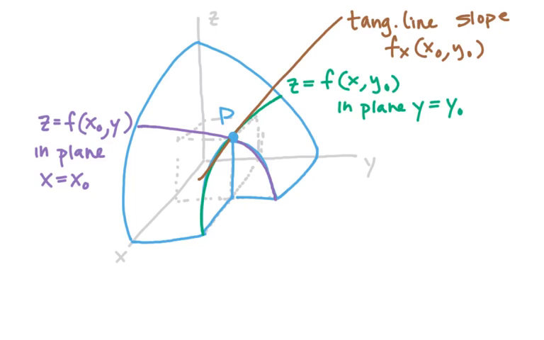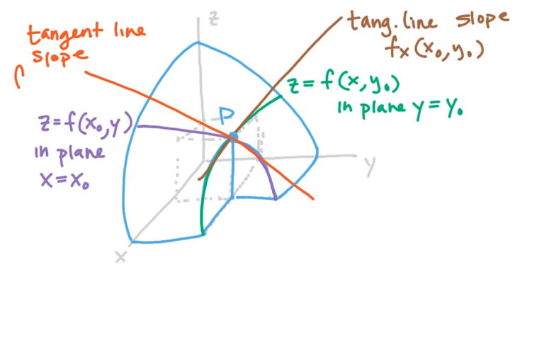Whereas if I look along the other curve, this purple curve here, that's going to give me a tangent, and that might not be the best tangent, but I hope you guys get what I'm doing. That's the tangent line slope. That's what the partial gives us. And that's the tangent with respect to y.